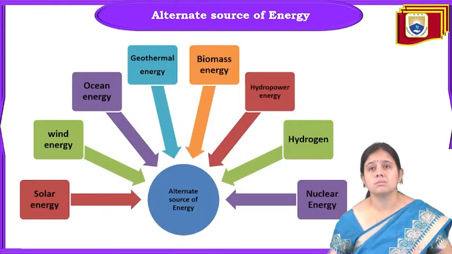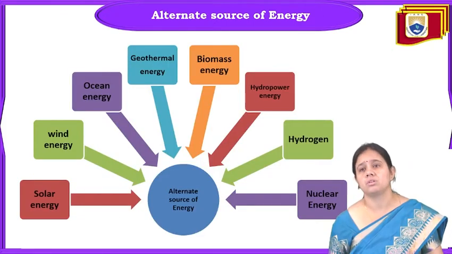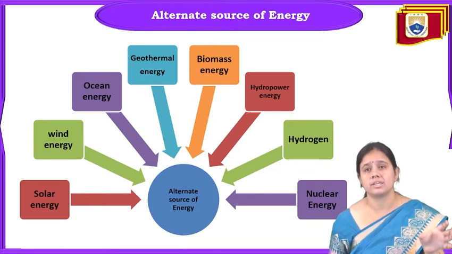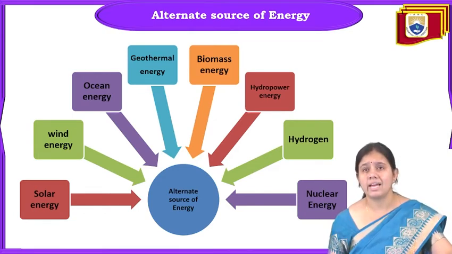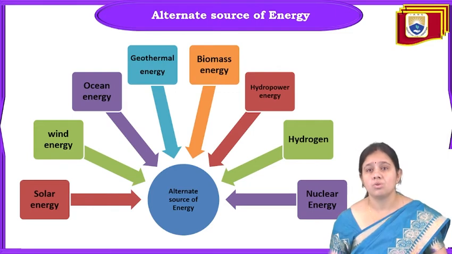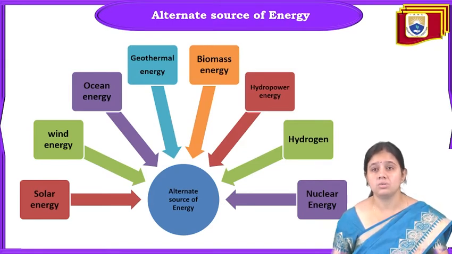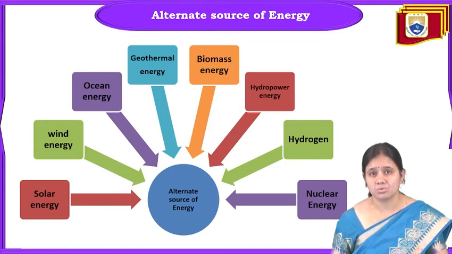Now let's discuss the different types of alternate sources of energy, which we can say are alternate to our ancient traditional sources of energy. First is solar energy, then wind energy, ocean energy, geothermal energy, biomass energy, hydropower energy, hydrogen, nuclear energy. All these energies are alternate to the traditional source of energy.